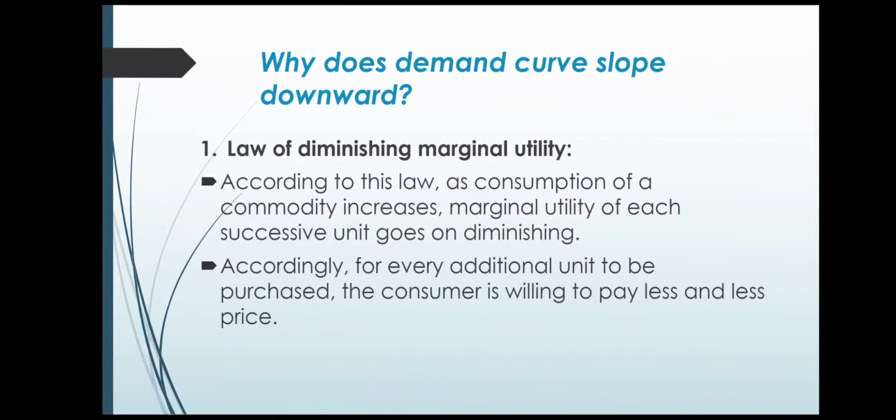You have already studied about law of diminishing marginal utility, and under that law we saw that as the consumer consumes more and more units of a particular commodity, the utility derived from each successive unit goes on diminishing. As a result, since the utility is decreasing, the consumer wants to pay a lesser amount of money for each successive unit. And as a result, when price decreases, quantity demanded increases.